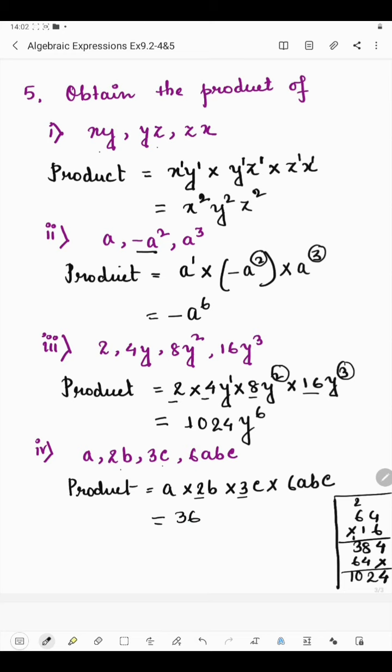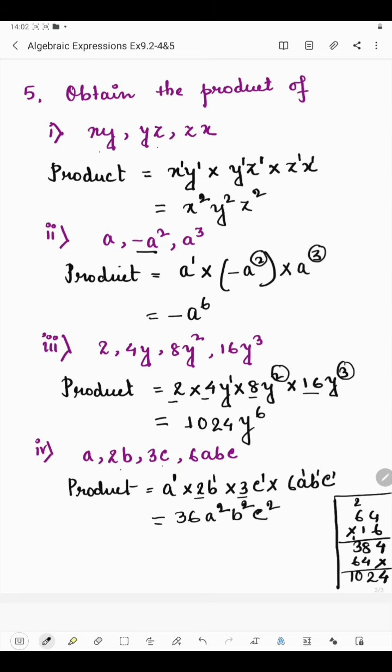Now we'll count the variables. Here a is present twice, right? So we'll write the power of a will be 2. Now b is present twice, so it will be b square, and c is also present twice. So it will be c square. So it's 36 a square b square c square.